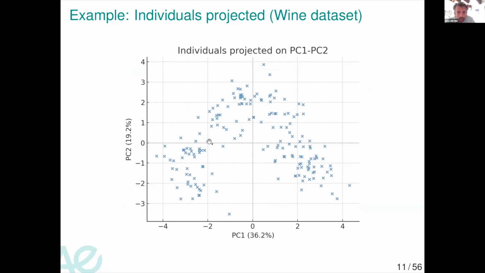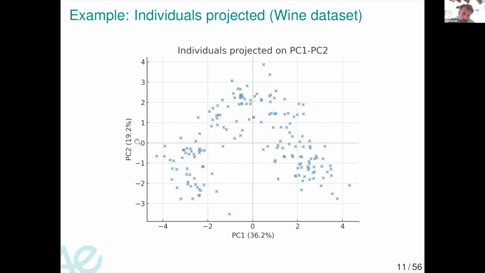So here we have the wine data set, and we perform the principal component analysis on this data set. We take the first two components, so PC1 here and PC2 here, and we project the individuals, so the wines, on these two components. You could first see that on the first component, you have 36% of the variance of the information.